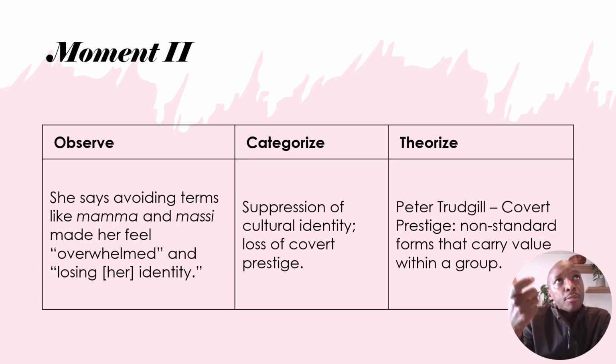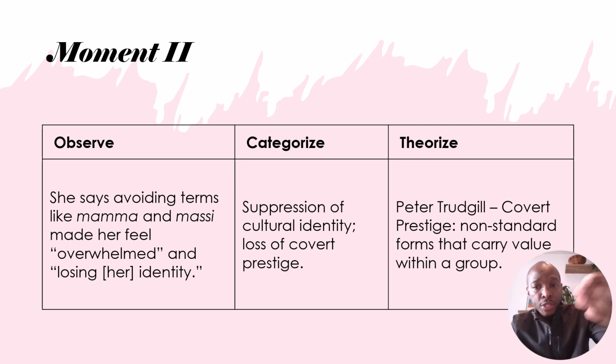And my argument would be that there's a bit of non-standard English, not so much grammatically, but the fact that we're interplaying and mixing language, that's not the dominant form of English, right? It's a hybridization that's happening that Trudgill might argue carries a covert prestige in particular social groups. So that's how I'm thinking about it. But you're welcome to obviously offer your own theoretical concept, but I'm just showing you how you OCT it.